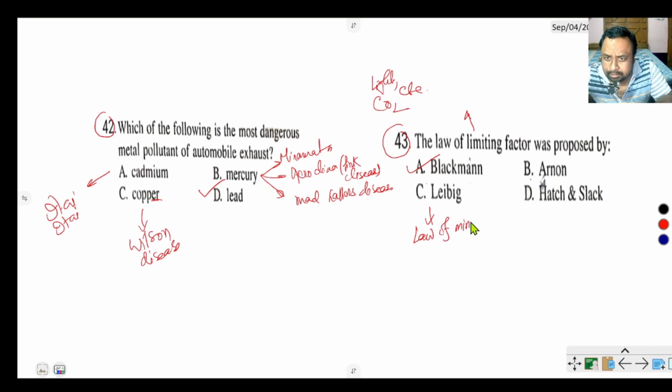That means in nature, the metals or minerals that are present in minimum amount regulate the activity of a reaction. That is called the law of minimum. Hatch and Slack represent the C4 cycle, and Arnon differentiated chlorophyll a and chlorophyll b.